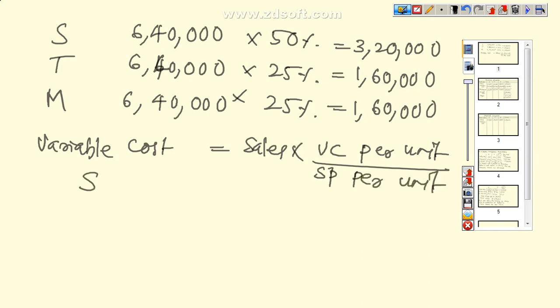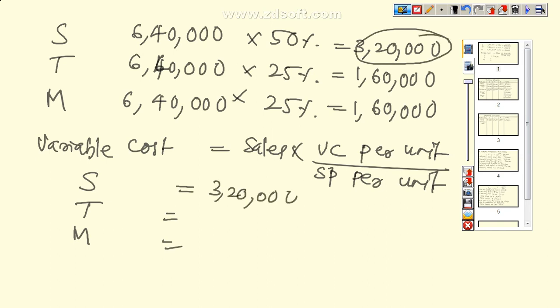So there are three products S, T, M, so we consider sales of individual product. So we write here 3,20,000. For the second product 1,60,000, and for M 1,60,000 multiplied by variable cost per unit.